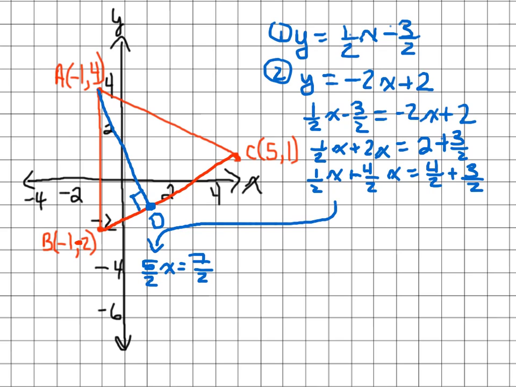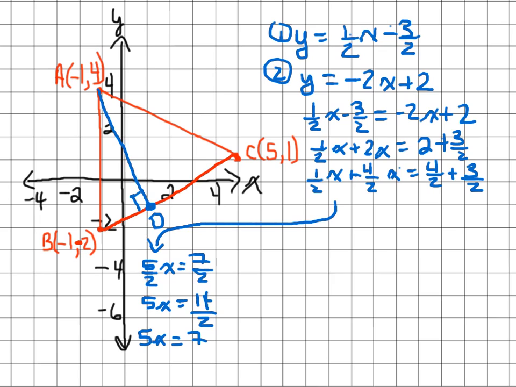And so now I'm going to multiply both sides by 2 in order to get rid of the 2 in the denominator here. So I have 5x equals 14 over 2, which is 7.